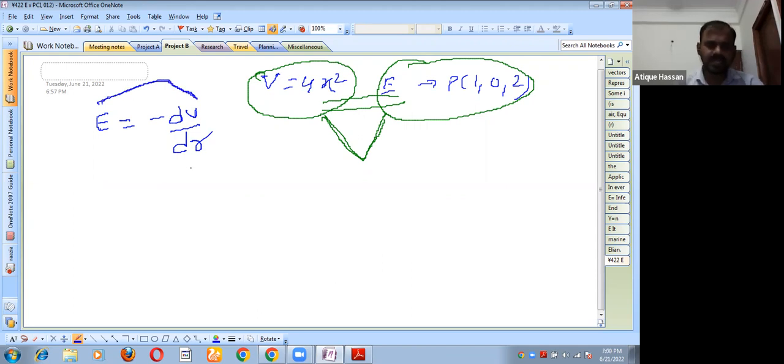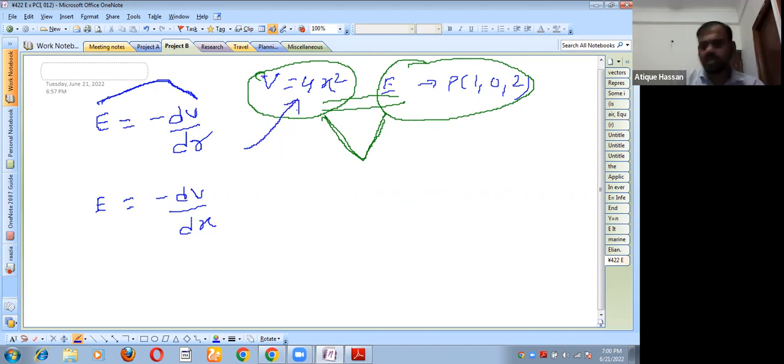What exactly are we looking for? The twist here is that in place of r, we have to write dV by dx, since the function of potential is in x.